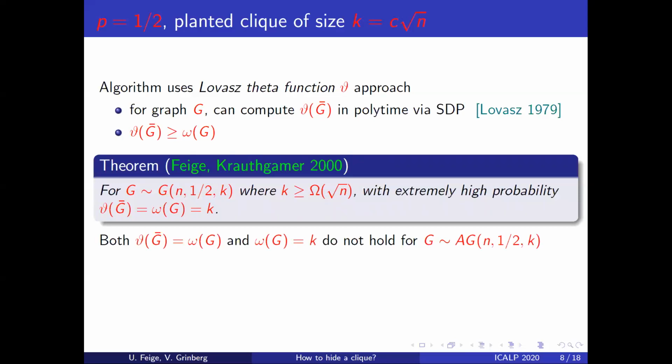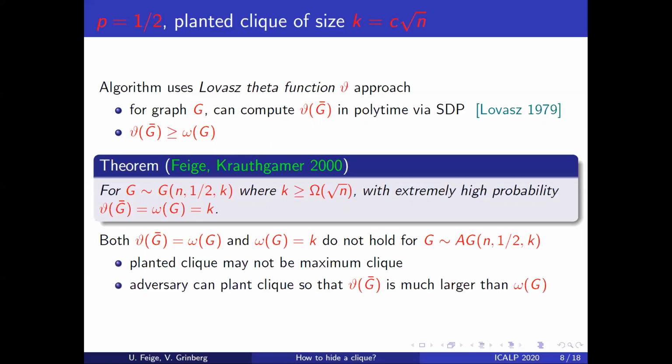Unfortunately, in the adversarial planted clique model, the clique number and the value of the Lovász theta function are no longer equal and can be different from k significantly. This is because, unlike in the randomized model, the planted clique may not be the maximum one, and also the adversary can plant the clique so that the Lovász theta function is much larger than the clique number.